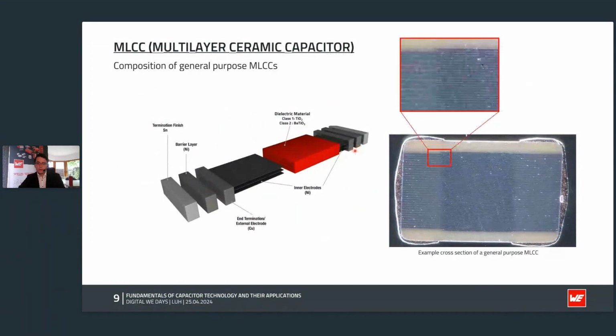And what I also show here on the right-hand side is a cross-section of a real existing MLCC. If we have a closer look into it, you can see the different plates, where the distance is very, very small, which in the end also leads to a higher capacitance.